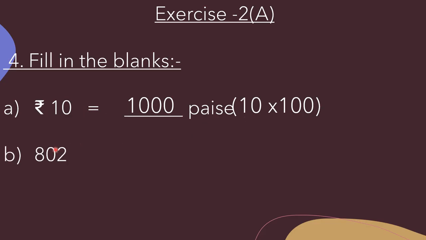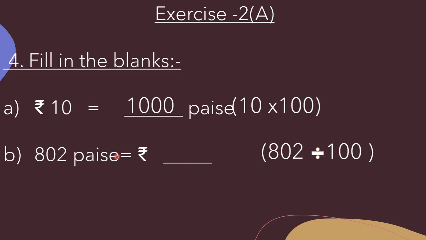Okay. Now in B part, 802 paise is equal to rupees dash. So here what will we do? We have to divide 802 by 100, or we can put a point before two digits from our right hand side. Okay, so here we will write 802 divided by 100 and that is equal to 8.02.